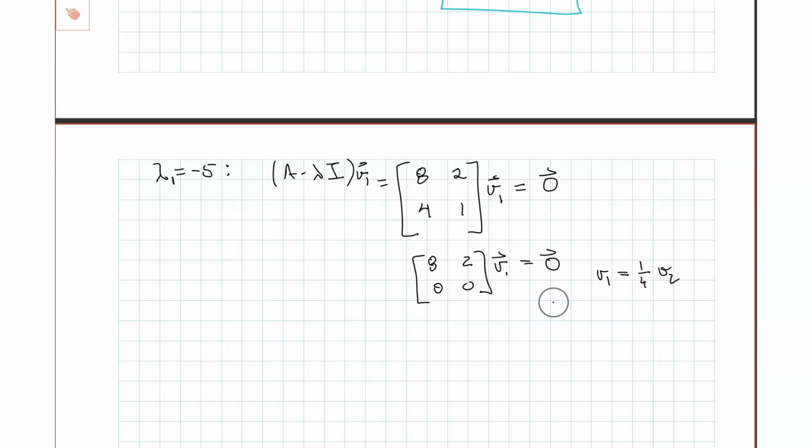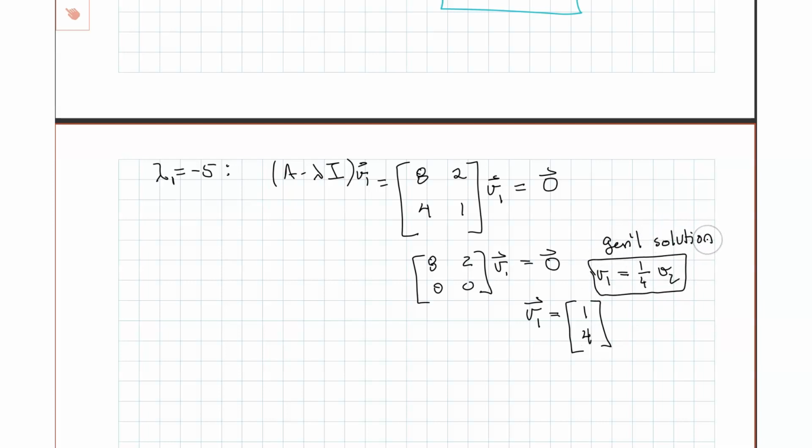So we can take as our eigenvector, which we're only interested in to specify the direction as, let's see, we could take 4 as the second component so that 1 can be the first component, and then we have nice whole numbers. And keep in mind that it doesn't matter exactly which vector we pick, it just has to satisfy this.